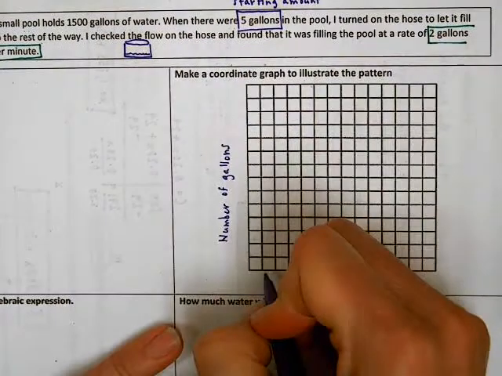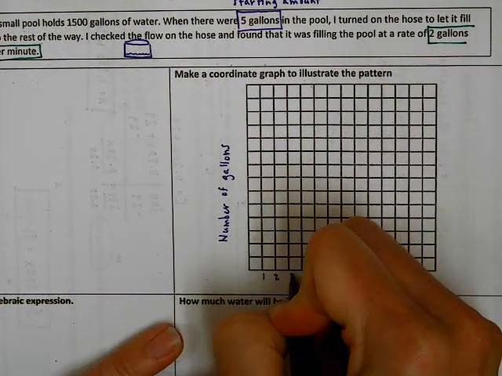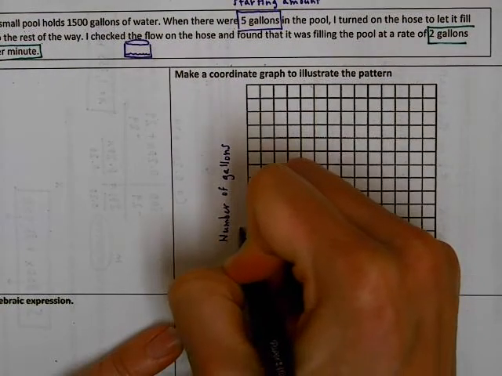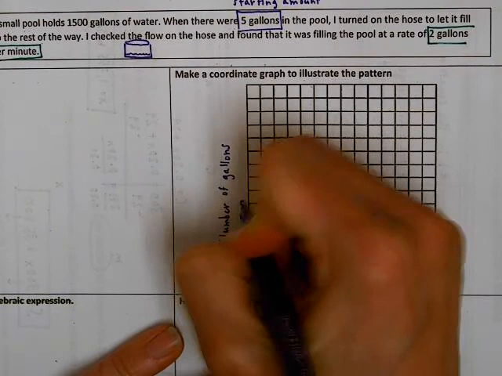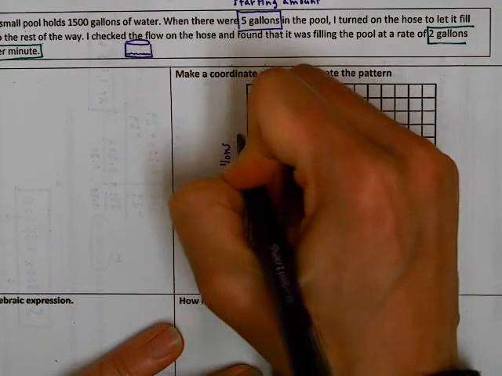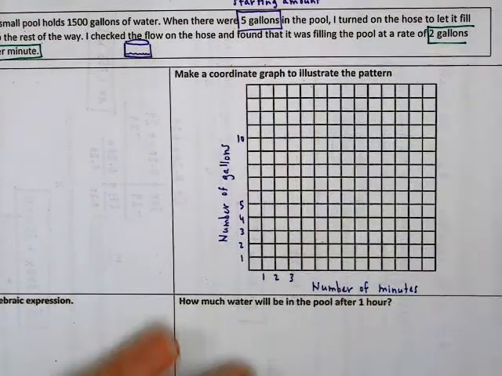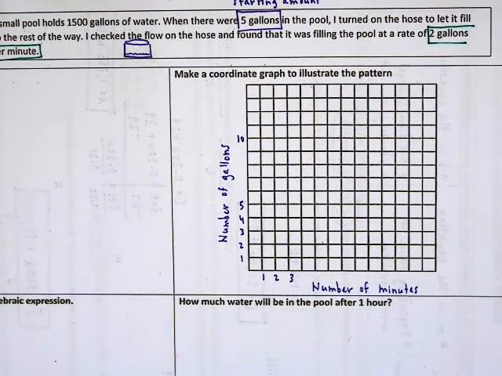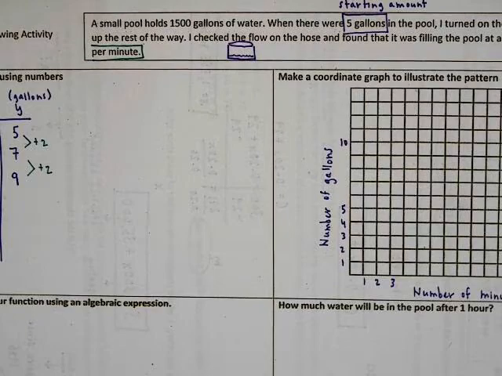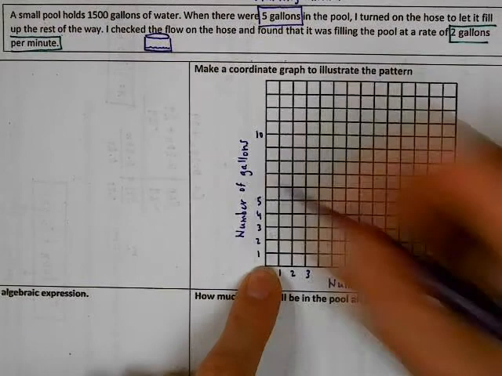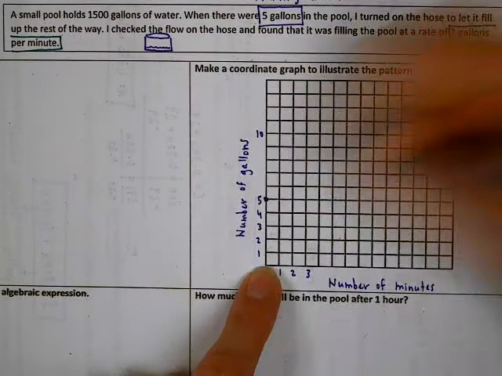Okay, and I'm just going to count by ones here. 6, 7, 8, 9. I'm just counting by ones. Looking at our table, I don't know if I can fit both in the window here. Probably not. So at time 0, we know we have 5 gallons in the pool.